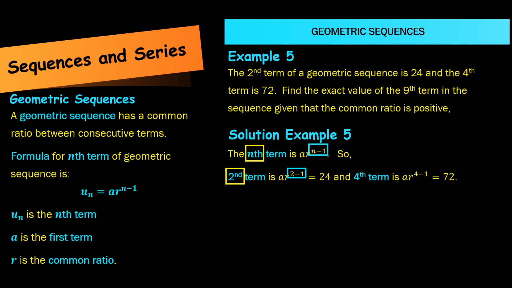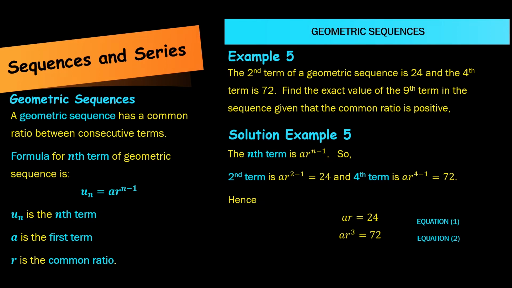So here's the second term with n equals 2 plugged in, and here's the fourth term with n equals 4 plugged in. As part of the question, the second term is equal to 24, and the fourth term is equal to 72. So we have two equations: a times r equals 24, and a times r cubed equals 72.